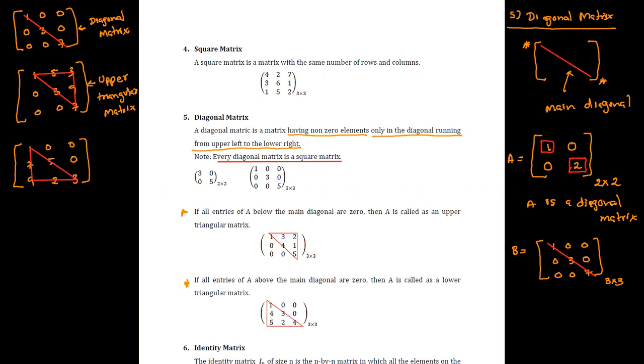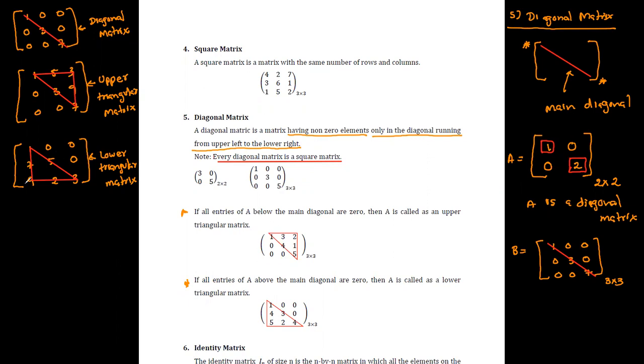Therefore, we can say this is a form of the lower triangular matrix. Based on the main diagonal, we are defining the upper triangular matrix or lower triangular matrix.